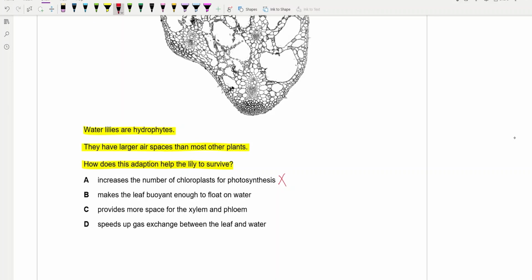Option B, makes the leaf buoyant enough to float on water, which is correct. Option C, provides more space for the xylem and phloem, which is wrong. Option D, speeds up gas exchange between the leaf and water, which is wrong. So the correct answer would be option B.